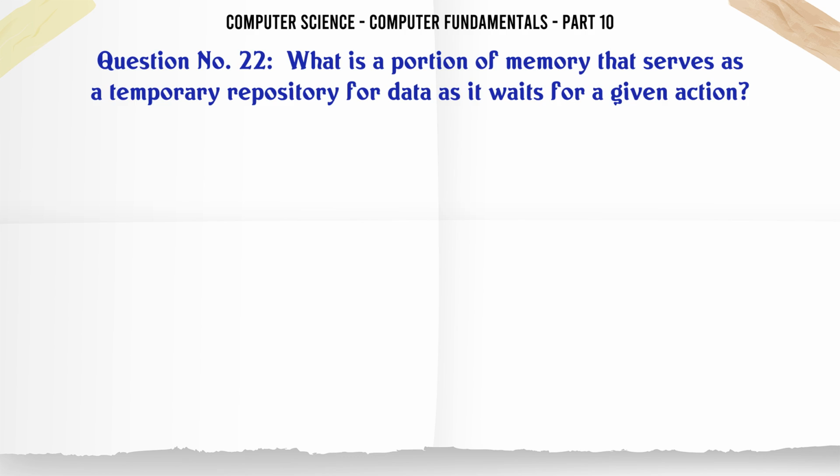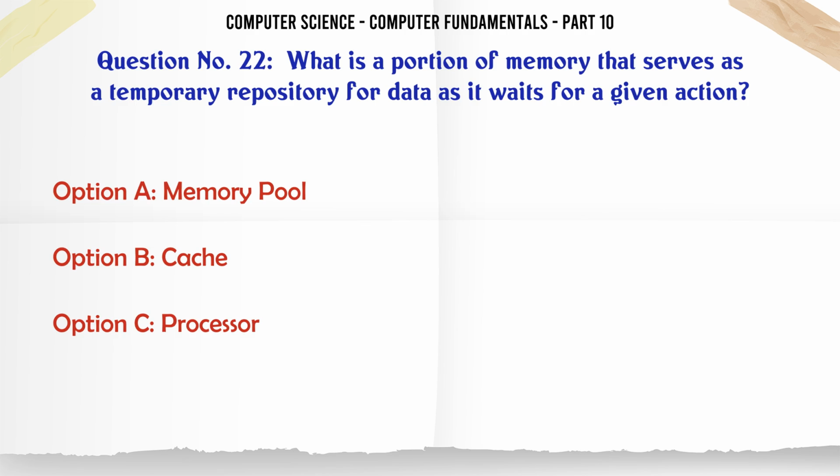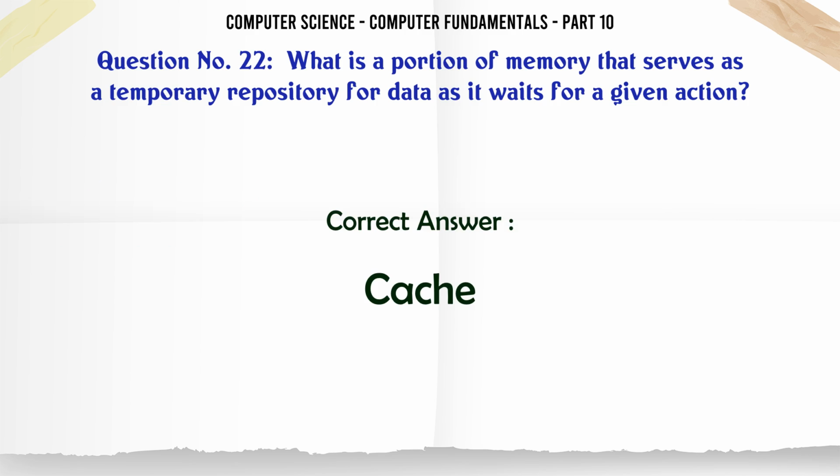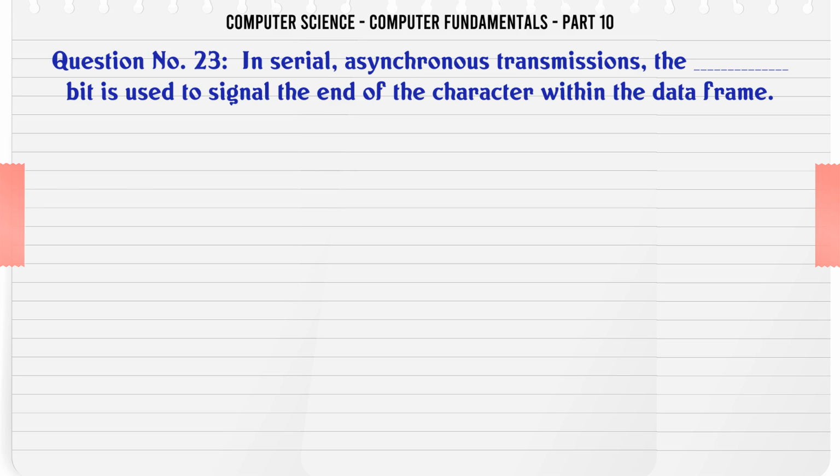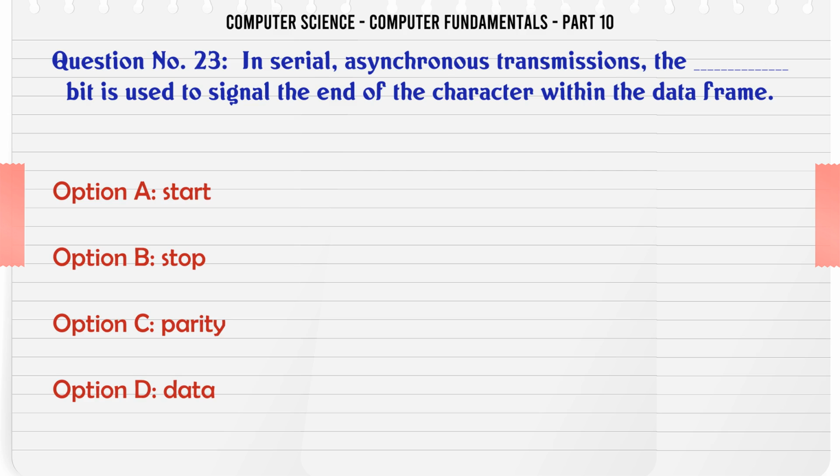What is a portion of memory that serves as a temporary repository for data as it waits for a given action? A. Memory pool. B. Cache. C. Processor. D. Processor pool. The correct answer is cache. In serial asynchronous transmissions, the bit is used to signal the end of the character within the data frame.